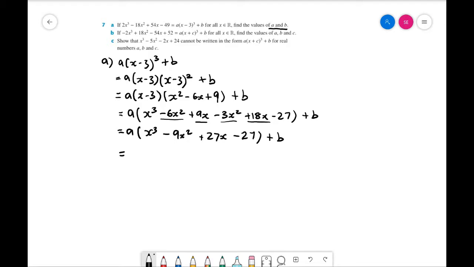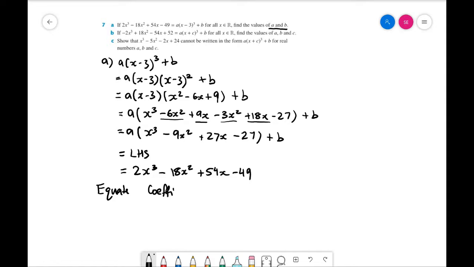Cool. And we know that equals the left-hand side, which is equal to 2x cubed minus 18x squared plus 54x minus 49.